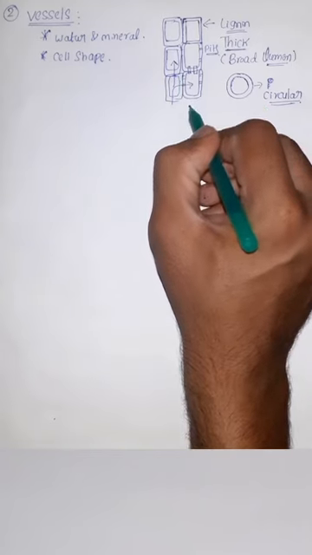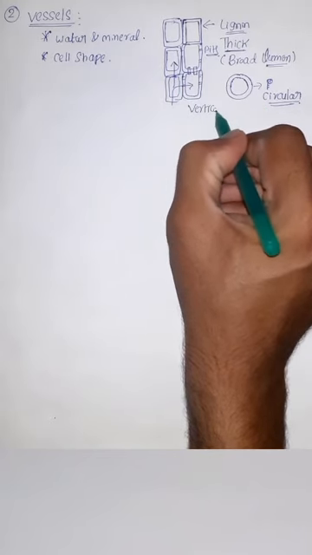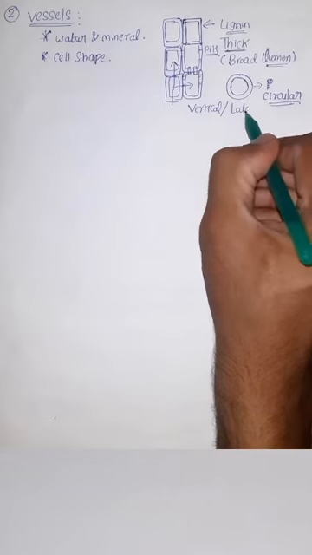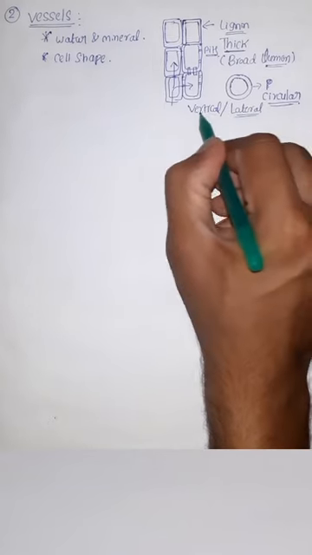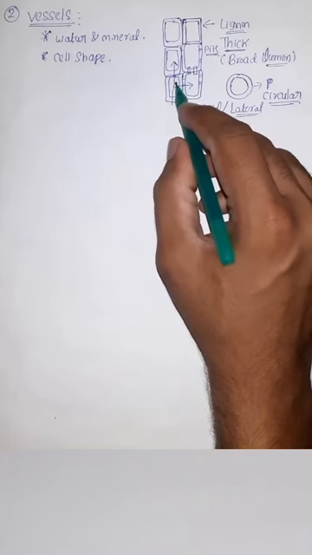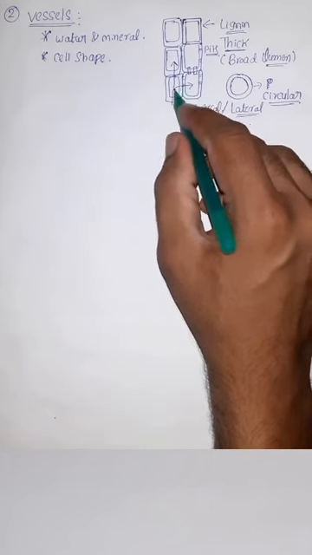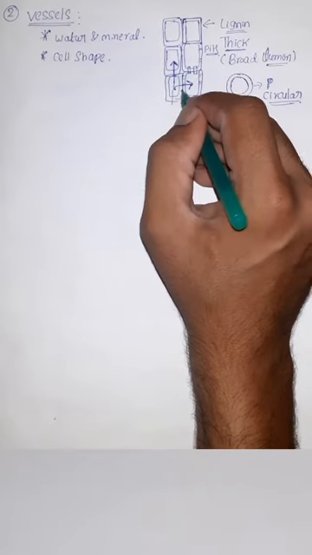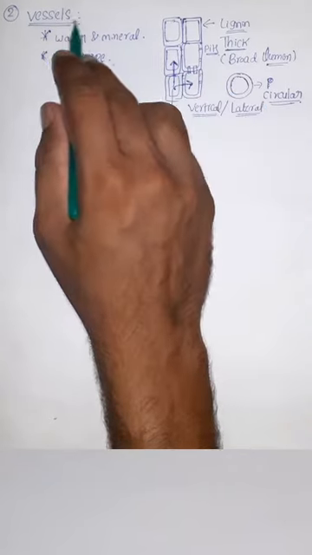Here we can see vertical passages of water and lateral passages of water. So there are two types of conduction: lateral conduction and vertical conduction taking place in the case of vessels.